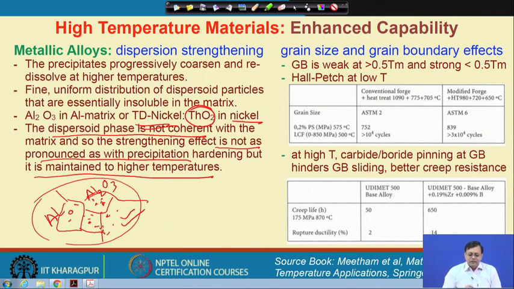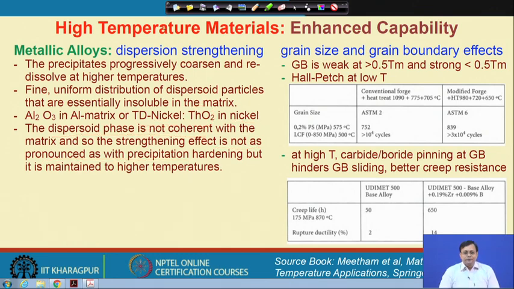Now, the other way of enhancing the capability is controlling the grain size and grain boundary effect, because we have talked about the second phase in terms of dispersion strengthening, solid solution strengthening, and precipitation hardening and so on.